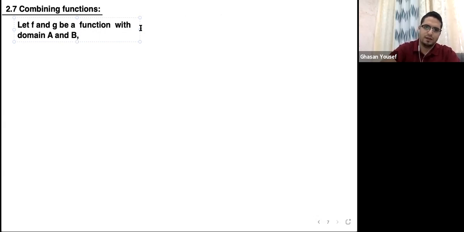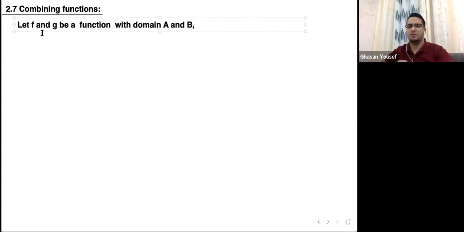Respectively means the domain for the function f is A, and the domain for the function g is B.